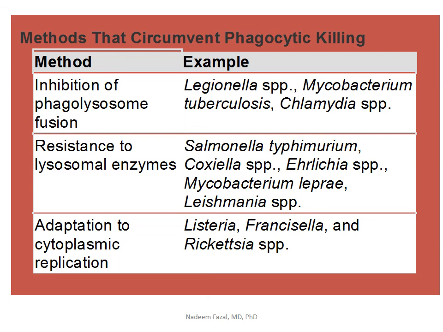Sometimes they also get adapted to cytoplasmic replication, so they just get in there and replicate in your cytoplasm with no problem. No lysosome is going to come and cause a problem. Listeria, Rickettsia, and Francisella are an important part of that.